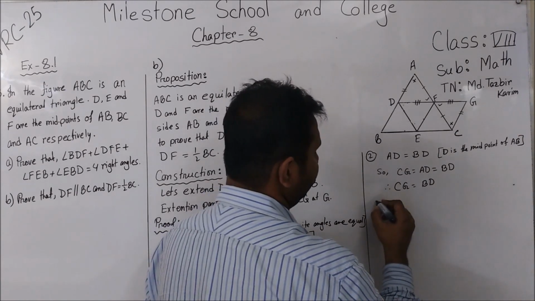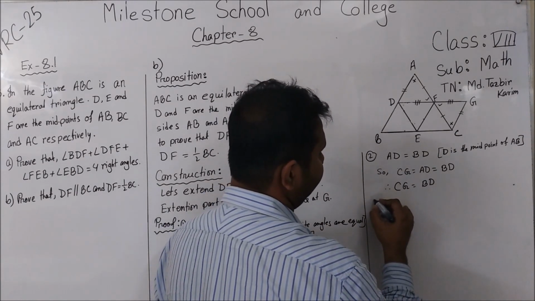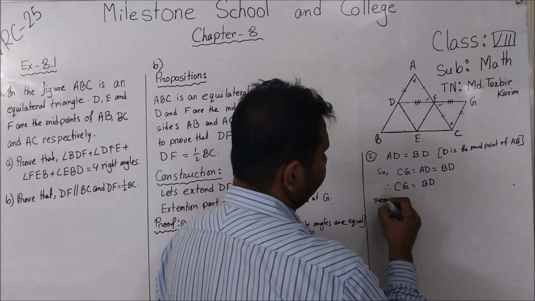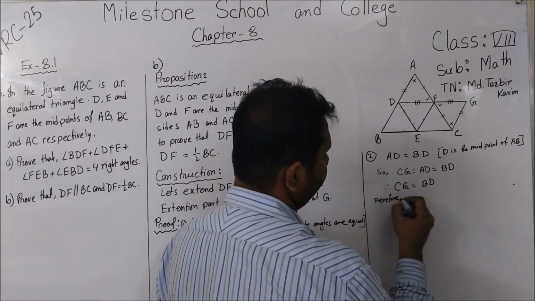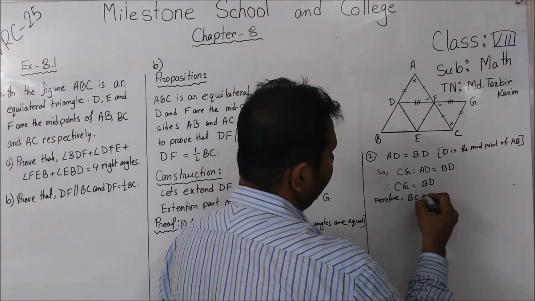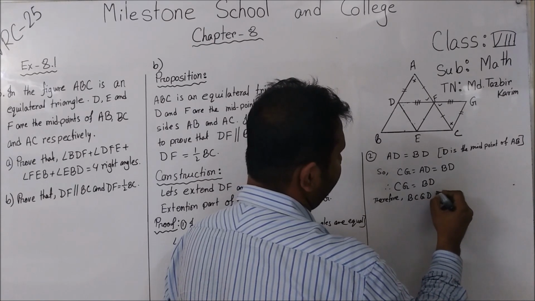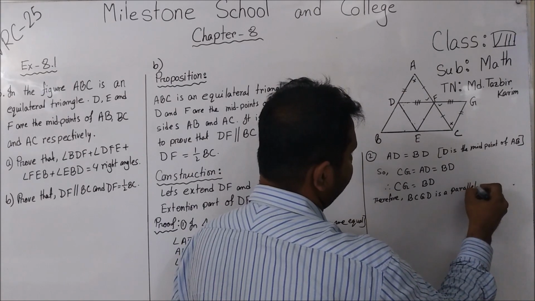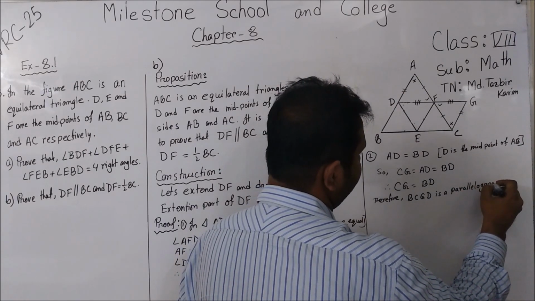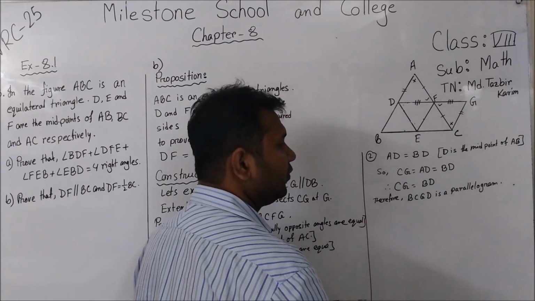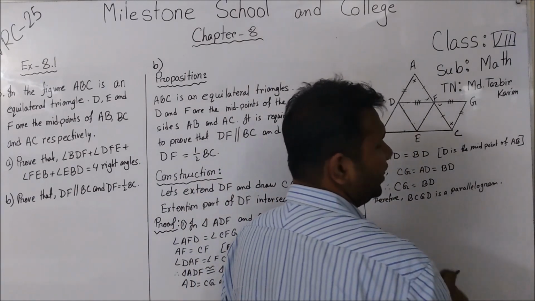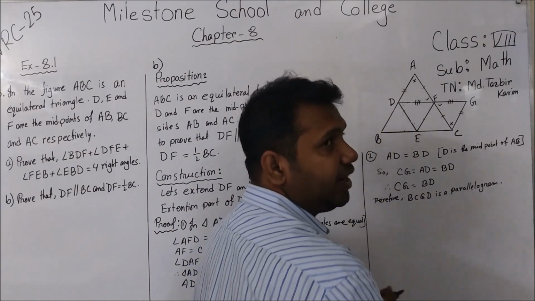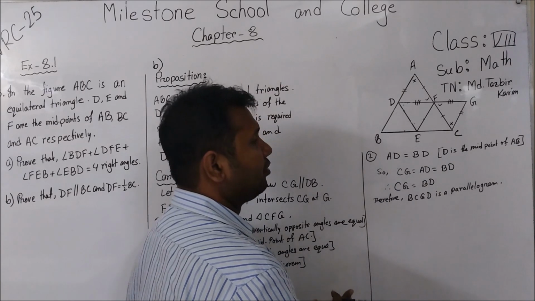So therefore, BCGD is a parallelogram. Okay, BCGD is a parallelogram. We can write that.